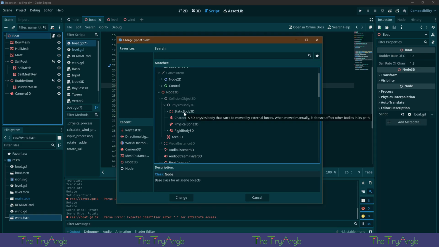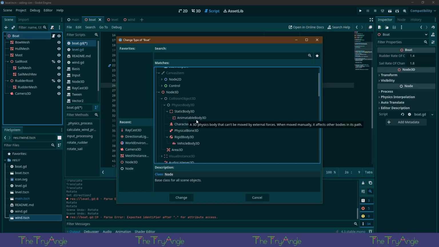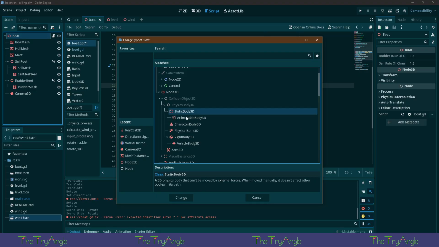We don't want to do a static. I suppose, rigid body. I don't want to do a car. This is for moving platforms. This can't be moved externally, which I guess technically it's not.